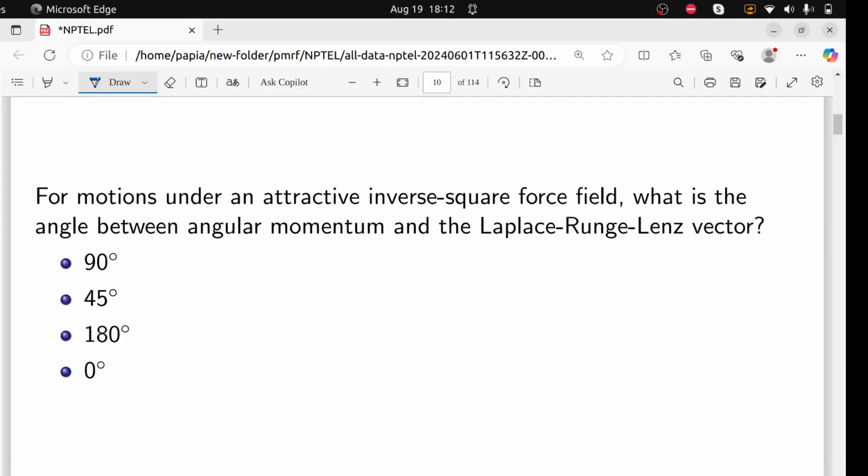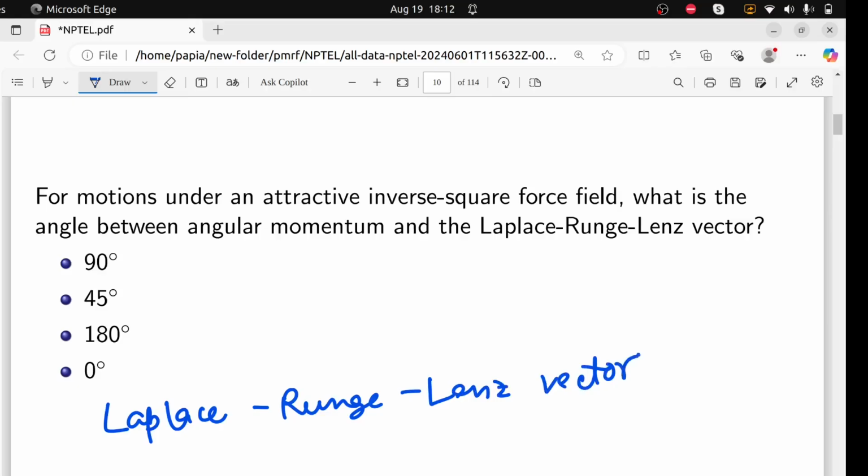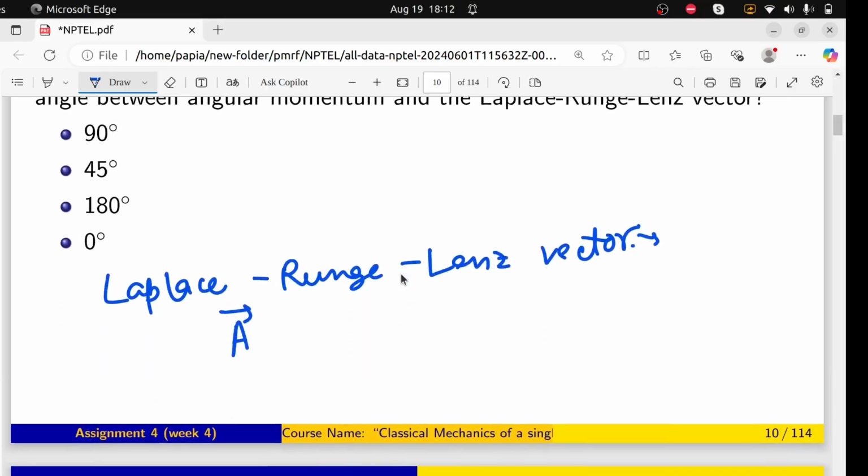Let me write here. Runge-Lenz vector. Sir was telling these things clearly, that this is denoted as A. Now what is A here, and then we will find the answer for this question.